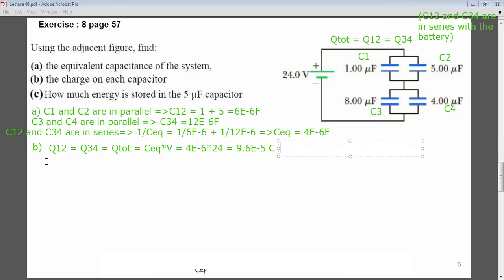Okay, so we have Q12 and we have Q34. Now, C1 and C2 are in parallel, which implies Q1 over Q12 is equal to C1 over C12. So here we are applying this formula.